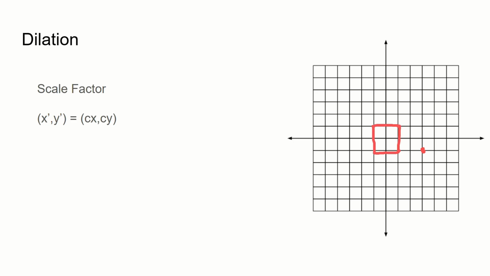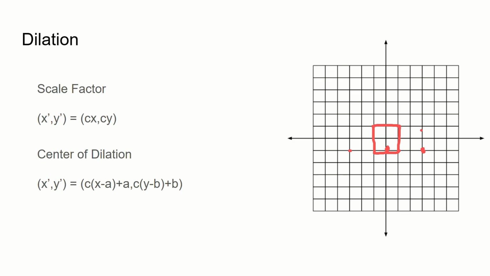And how about this time, let's do a factor of 1.5. So this point is 2 away. 1.5 times that would be 3 away, so this would be a new corner. Then this one is 4 away, so 1.5 times that would be 6 away.